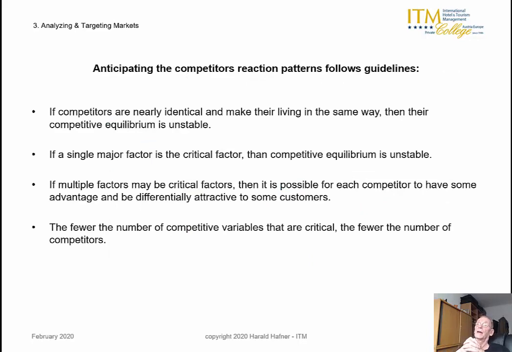And finally, how can you anticipate the competitors' reaction patterns? Well, that is kind of difficult, but still you could make a good guess. If competitors are nearly identical and they make their living in the same way, then their competitive equilibrium is unstable. There is likely to be a perpetual conflict in industries where competitive ability is at parity.